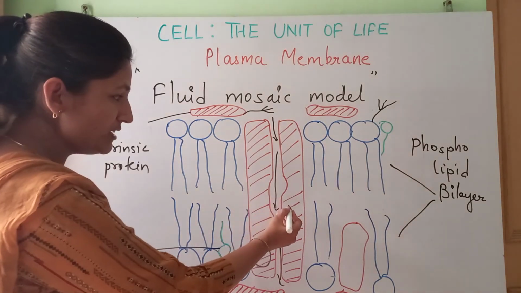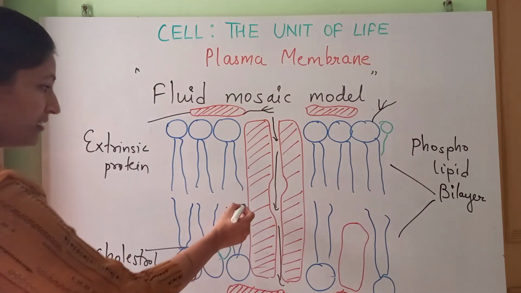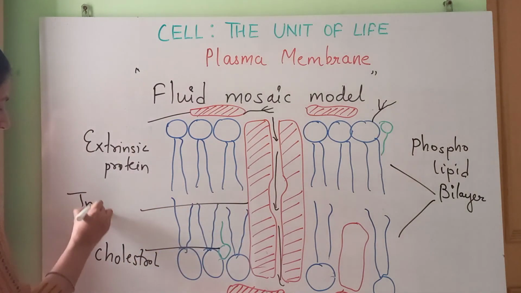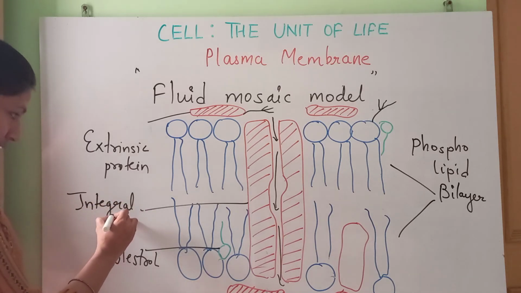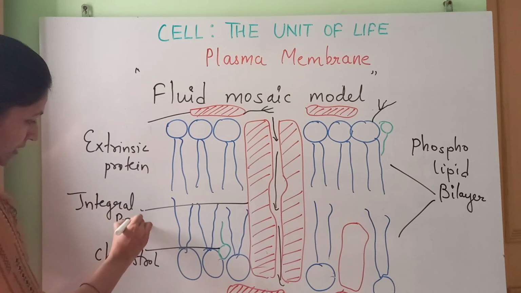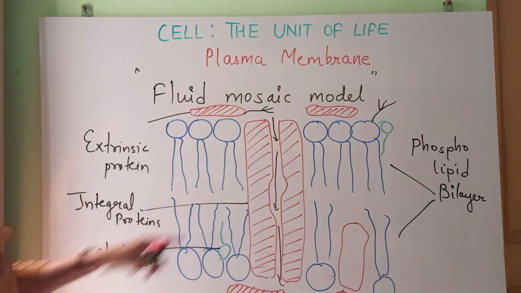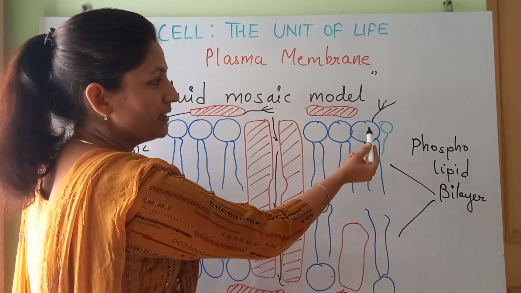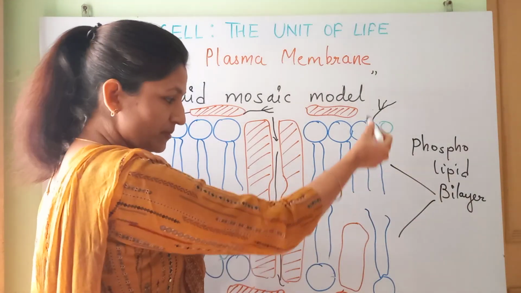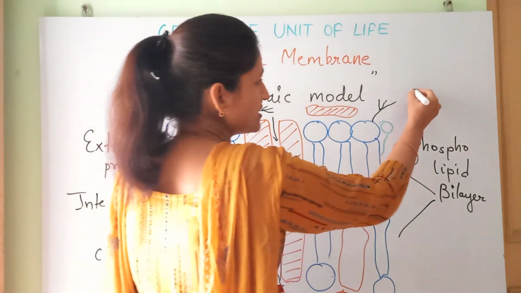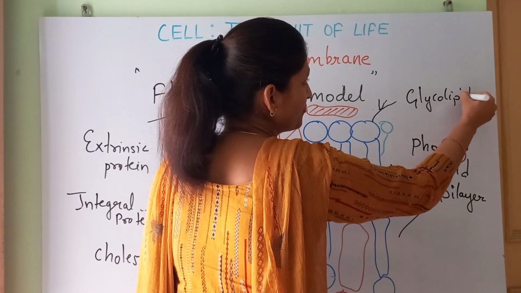So these proteins which are internally fit into the membrane are integral proteins or intrinsic proteins. Okay? Integral proteins. Fine. As you can see, the structure is attached to the lipid structure. Lipid के molecule से attach है. So these are glycolipids.